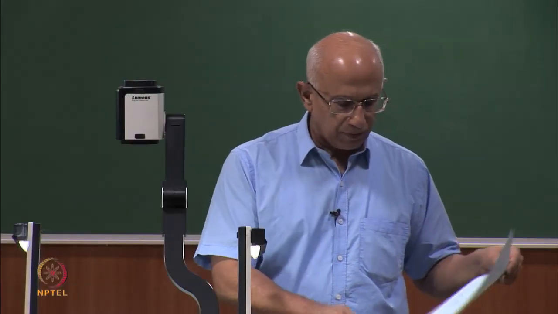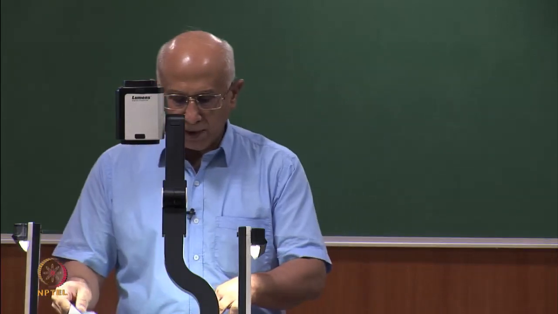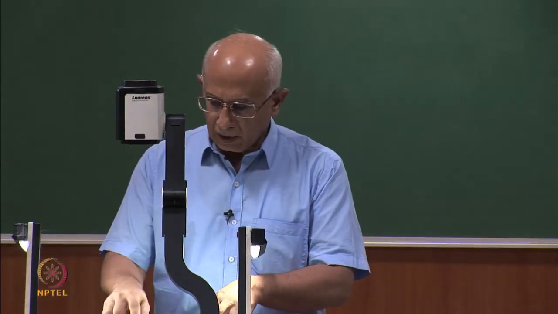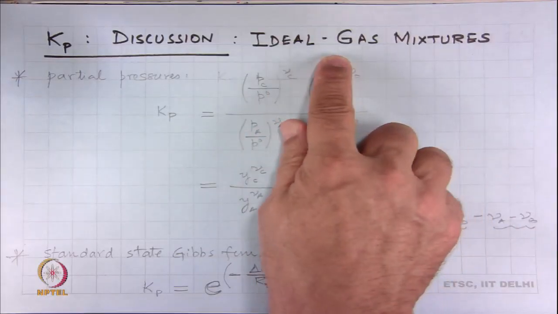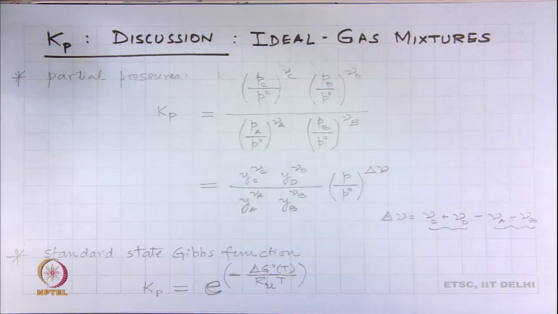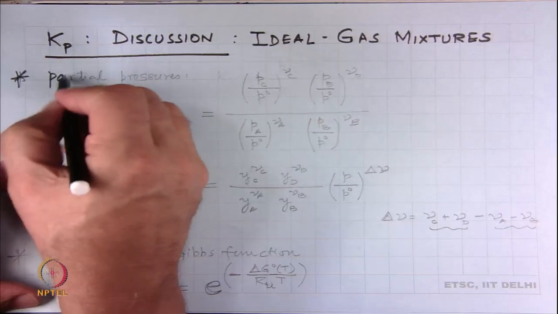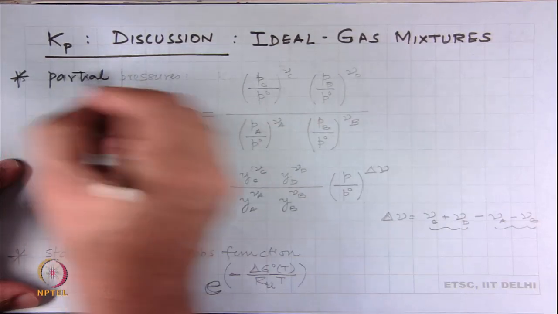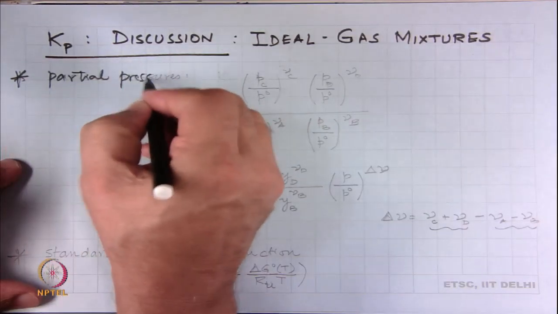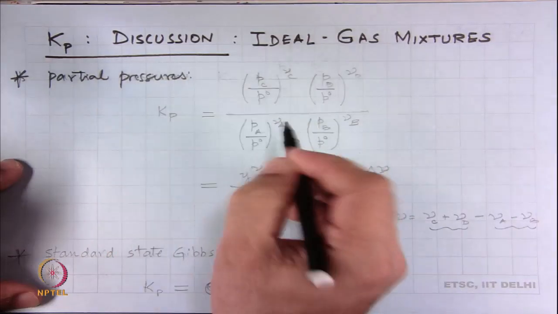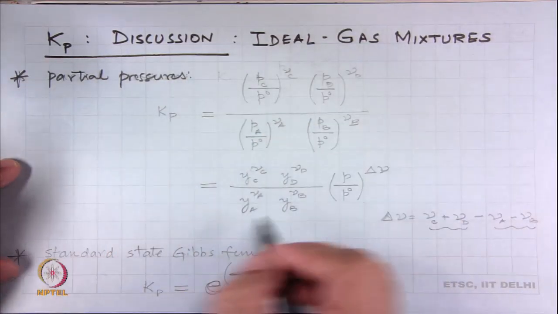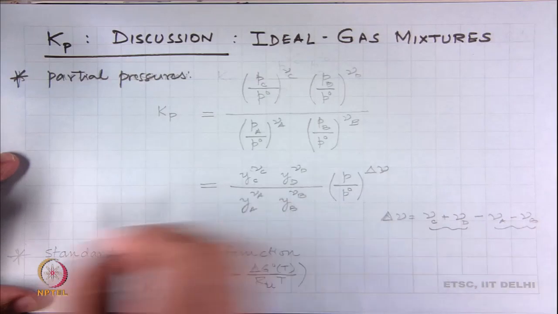Now, we will look at K p in more depth and the case of ideal gas mixtures. K p could be expressed in terms of partial pressures, or in terms of the molar fractions.